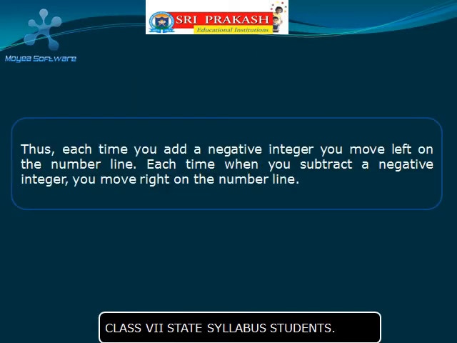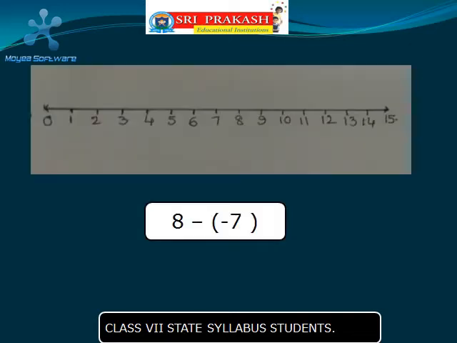Thus, each time you add a negative integer, you move left on the number line. Each time when you subtract a negative integer, you move right on the number line. Now, according to the question, you have to subtract -7 from 8. So from 0, you move 8 units or 8 spaces.